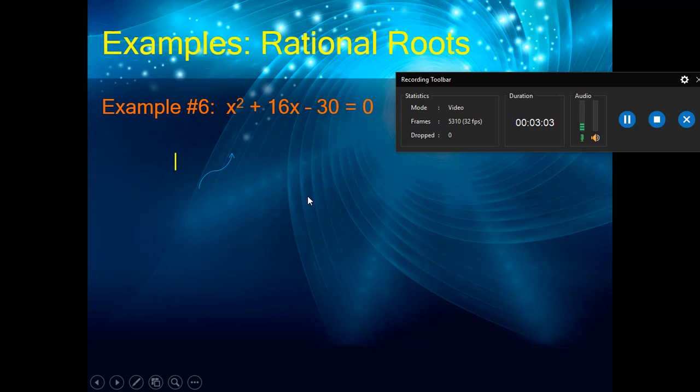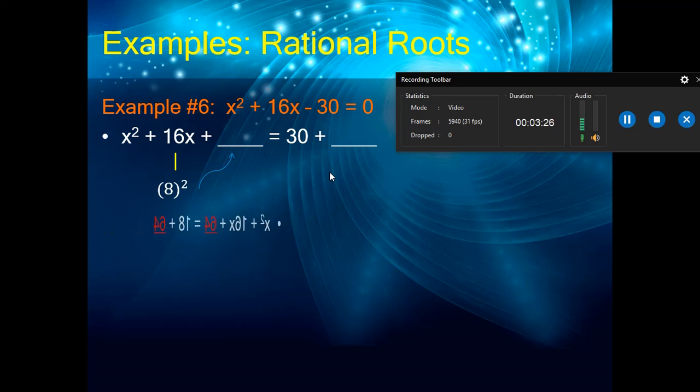In number 6, the quadratic equation is already in standard form. So I'm going to add 30 so that I can move that constant to the right-hand side. And I'm also going to make space for my perfect square trinomial. Half of 16 will be 8, and then we'll square the 8, and we're going to fill in our blanks with 64. So again, on the left, we have two identical factors of x plus 8. My constants combine to 82.